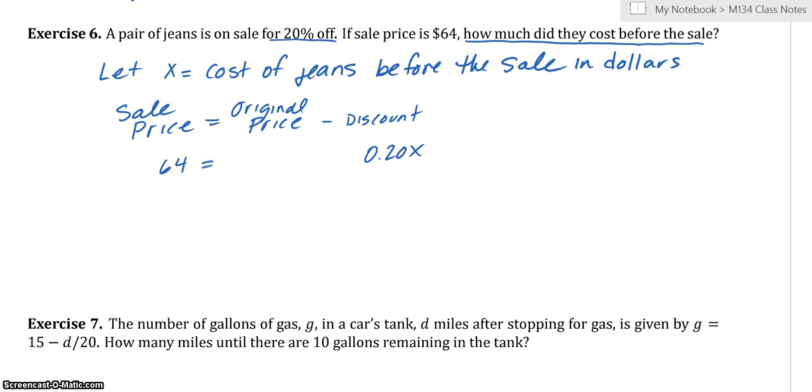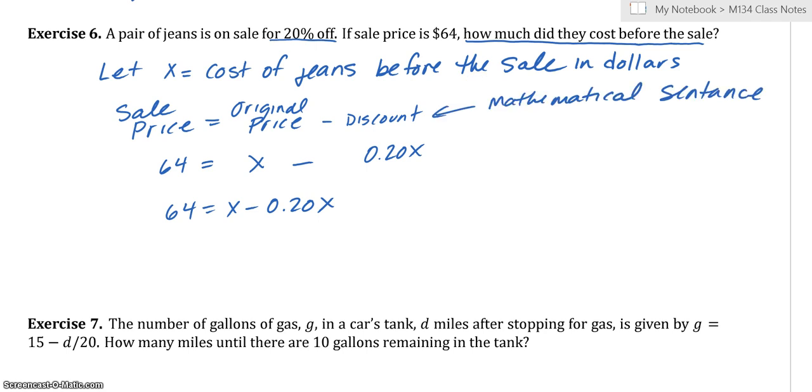You can make that another unknown, S for instance, but since they've given it to us, I'm just going to write 64 there. And then the original price we know was X, right? That's the original price minus the discount. So if I make that a little neater, X minus 0.20X.